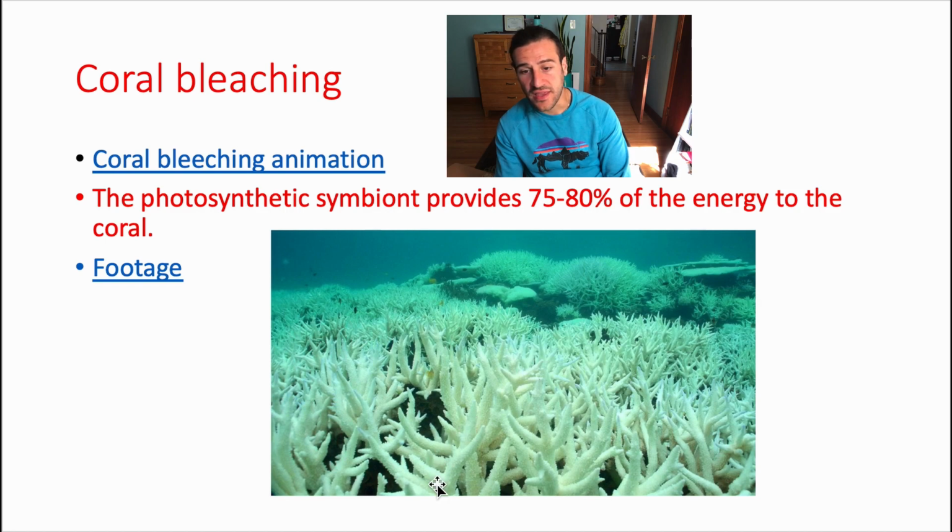Within the tissue of the polyp you get an alga that also lives in there, and it photosynthesizes using sunlight and sends some of the sugar to the animal it's living with. In return, the animal releases nitrogenous wastes. And nitrogen, we know, is a macronutrient that these algae really need.